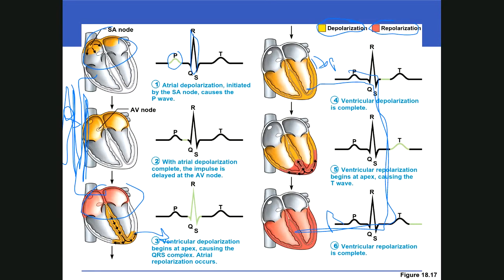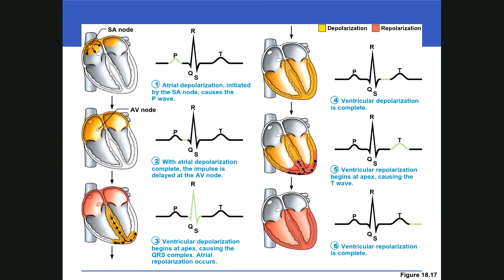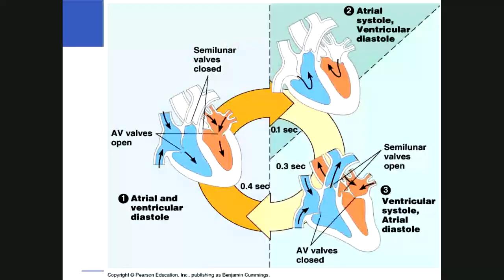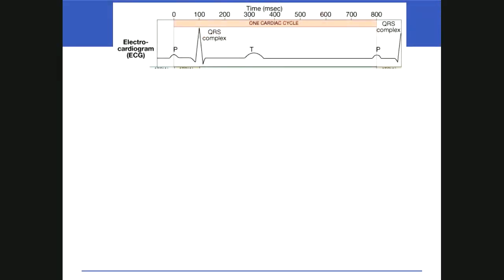It happens here. So if we look on the ECG, here is where the atria contract, right here. And here is where the ventricles contract, right there. Does it make sense now? Well, we didn't change anything. Look, it's still PQRST.